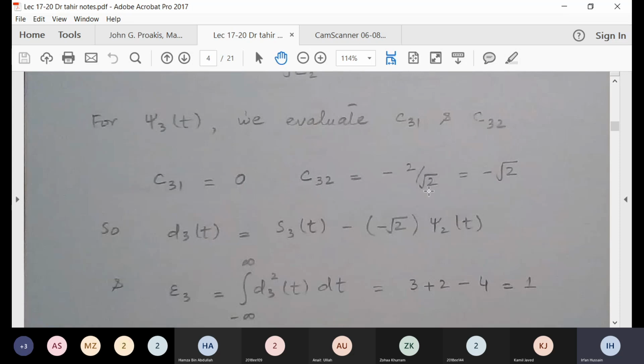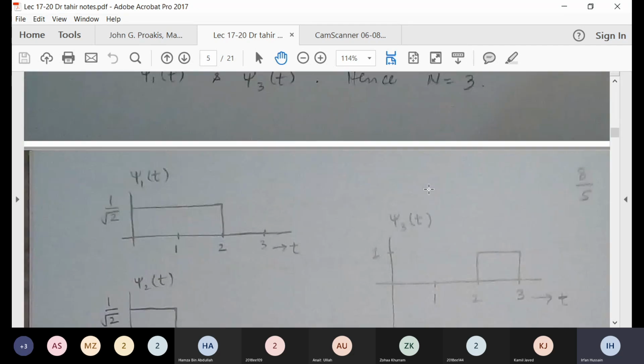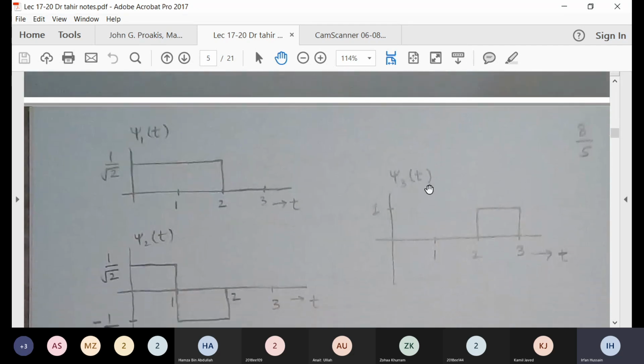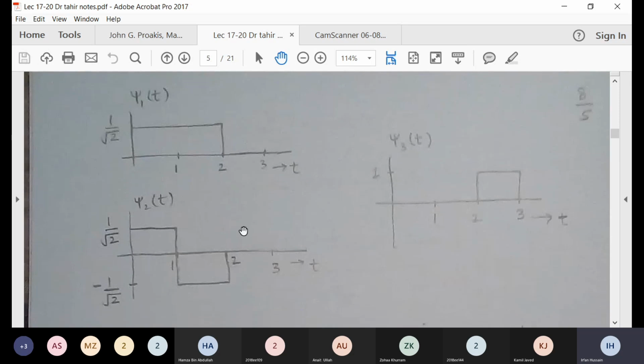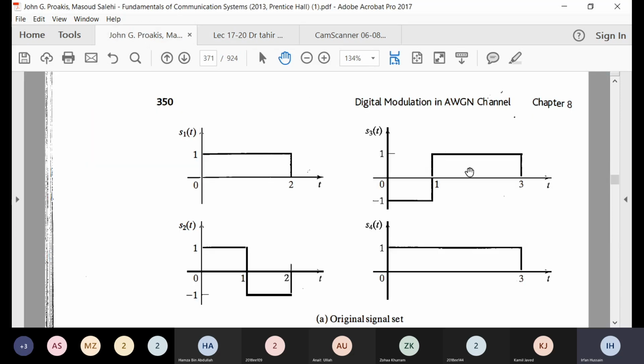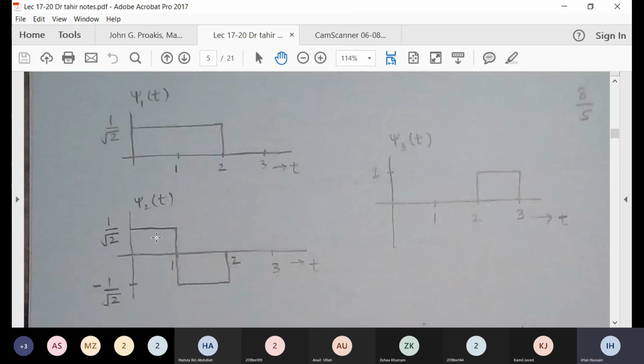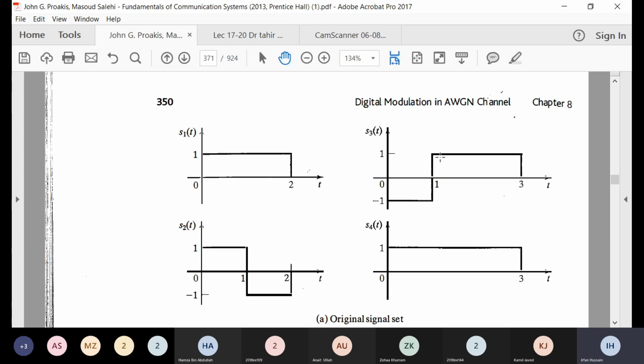Similarly, for C32, you will take the projection of S3 onto psi2. So psi2 is like this and S3 is like this. A minus part will go with a plus part and will become minus, and this minus part will go with this plus part, which will again become minus.